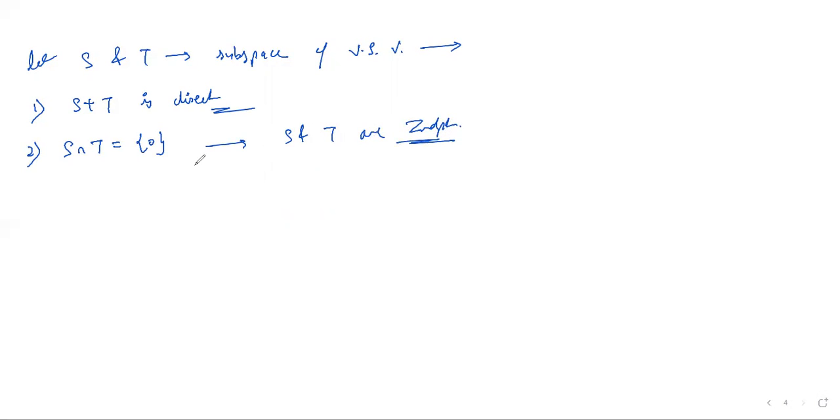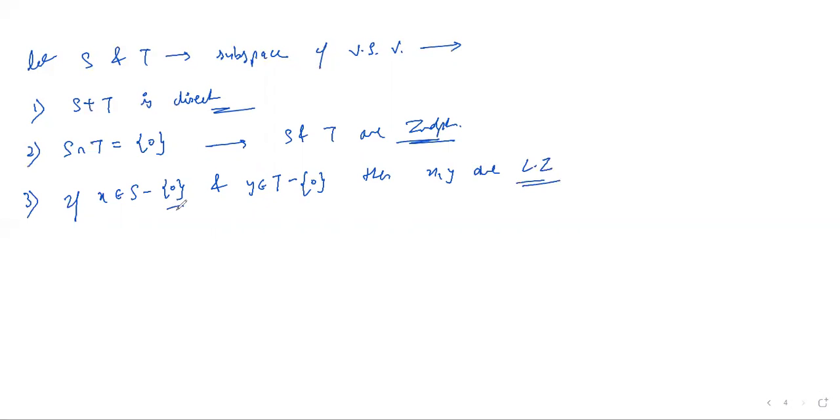So for that the intersection should be 0. We can also say that if x is a vector which belongs to S excluding 0, and y is a vector which belongs to T excluding 0, then x, y are linearly independent.